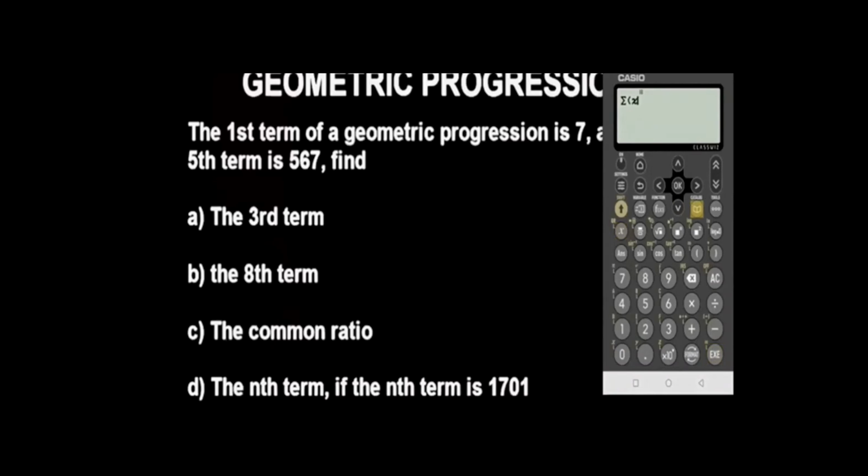Then the regression symbol: statistics, regression, this one. Put a comma, shift and this button, first 50 terms, put another comma, 50. Close the brackets. Alright, so that's how you can do it.